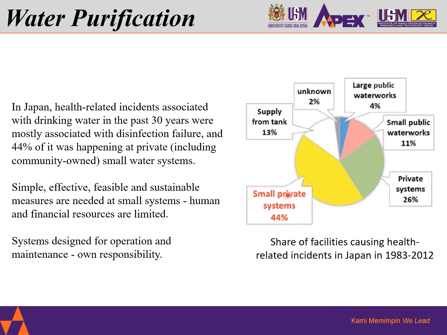So most of the contribution is from small private systems and supply tanks. This is unknown for large public waterworks, small public waterworks, and private systems here. So simple, effective, feasible and sustainable measures are needed for small systems because they contribute large amounts, here 44%.